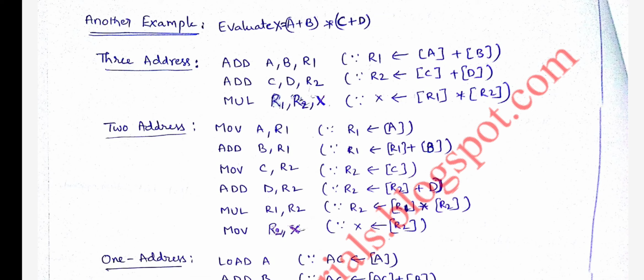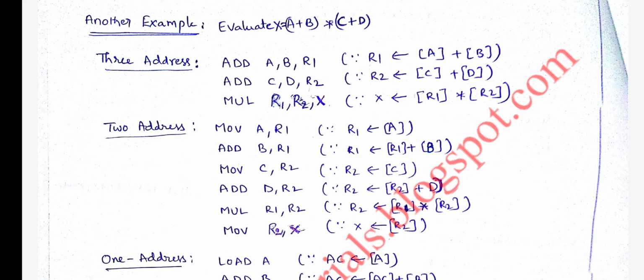Now our aim is to multiply these R1 and R2 registers and store the result in R2. MUL R1, R2. So the contents of R1 and R2 are multiplied and the result is stored in R2.